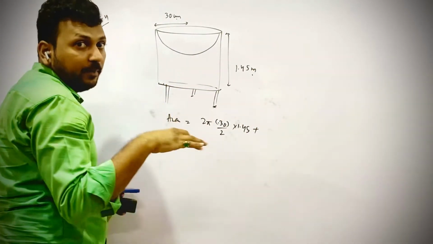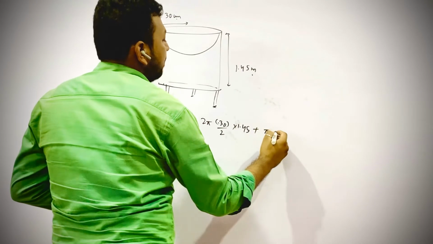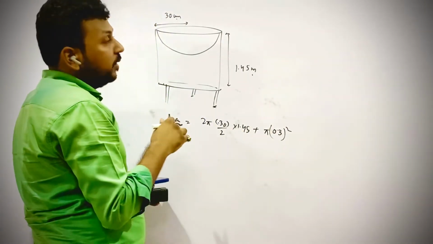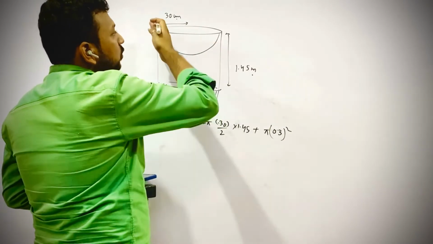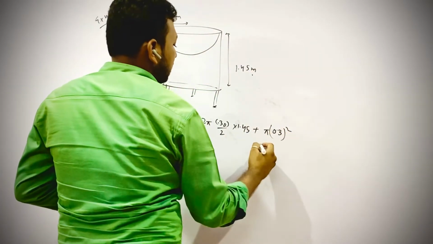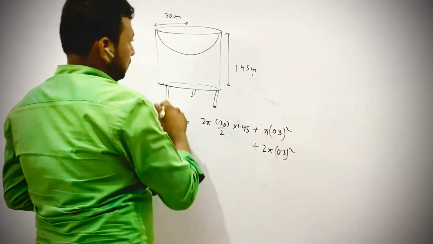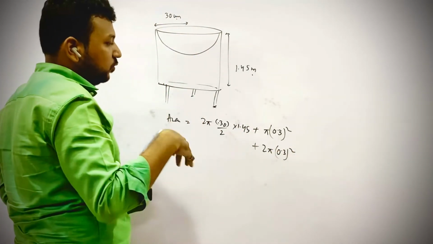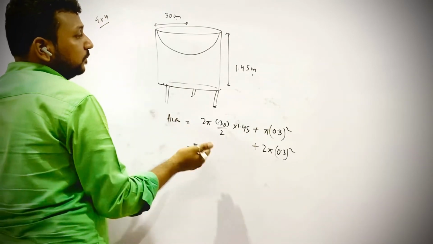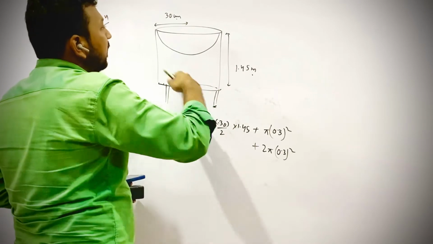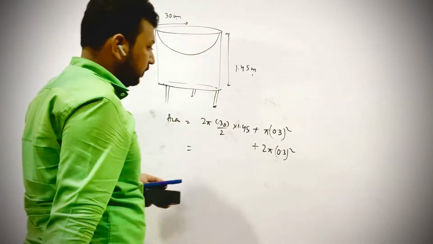If we have to paint the base, that is pi r square, 0.3 whole square. Now this area also. So how much is this area? This is 2 pi r square. Right, this is the hemisphere, so it is 2 pi r square. So you just have to add these. The curved surface area of cylinder plus the base of cylinder, then the surface area of the hemisphere.